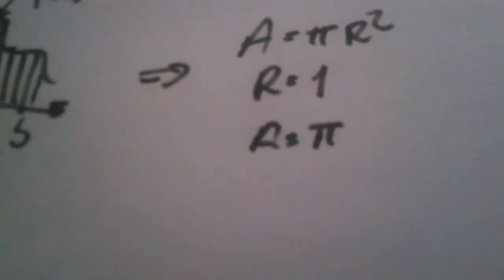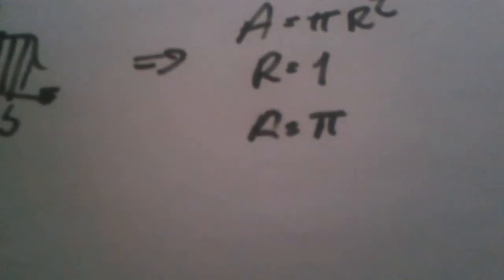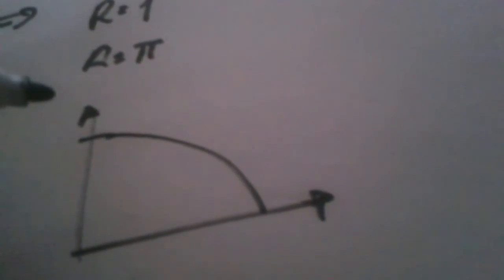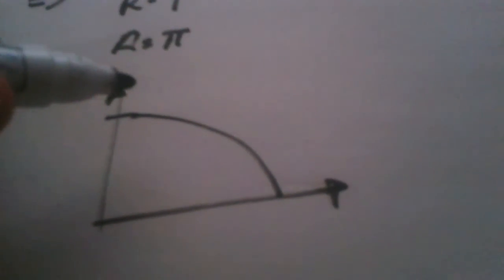So let's see. We have the area of a circle, which is pi times r squared, and assume that r is 1. So the area of the circle is equal to the value of pi. Then for simplicity, we want to calculate only a quarter of the circle, right?